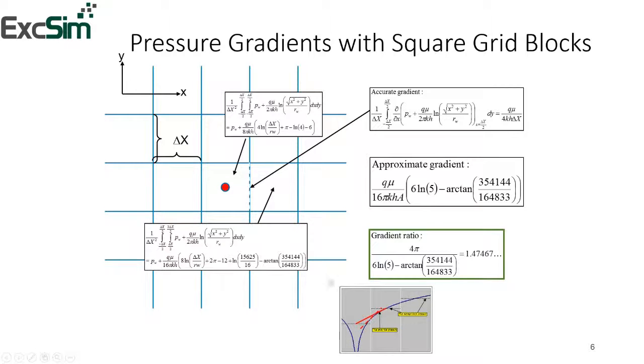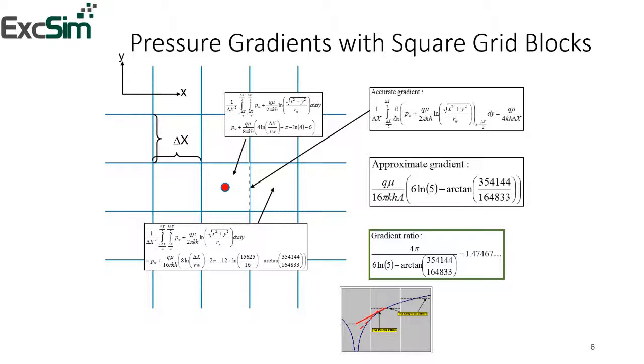So you can make sure you get the right influx by shortening the delta x here when you estimate the flow from this block to the next, or you can, which is equivalent to shortening the distance, multiply the transmissibility by 1.47.